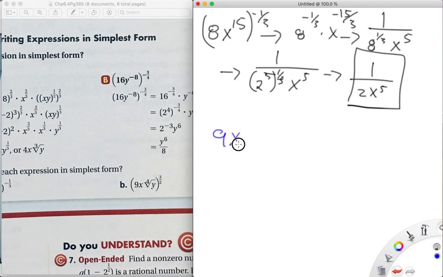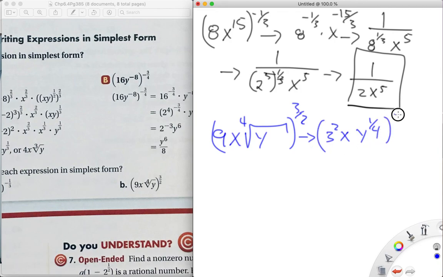I have 9x to the 4th root of y, all to the 3 halves. Since I see a denominator of 2 here, that means a square root, I could turn this 9 into 3 squared, x times y to the 1/4, and then all that's being raised to the 3/2.